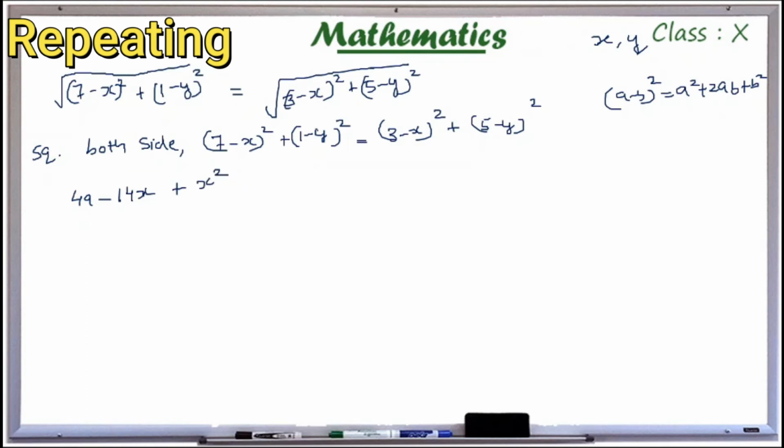Likewise we have to expand 1 minus y all square. So we get 1 square minus 2y plus y square, and also 3 minus x all square is equal to 9 minus 6x plus x square, and also 5 minus y all square is equal to 25 minus 10y plus y square.